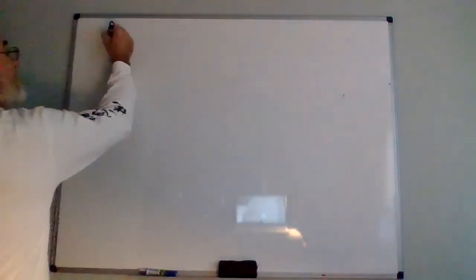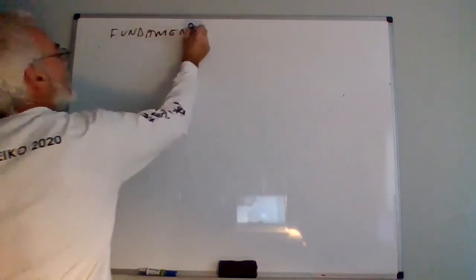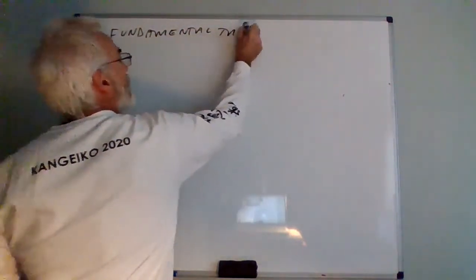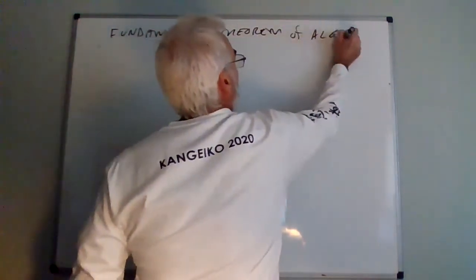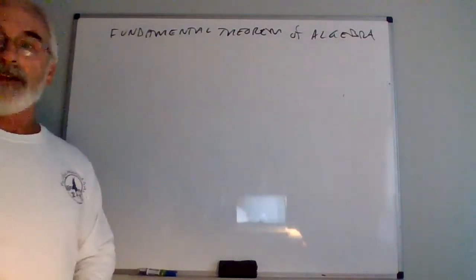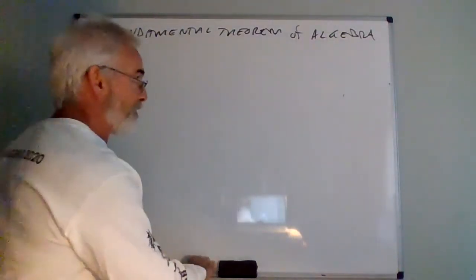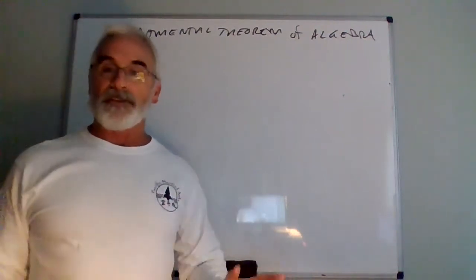So I'll state it. The fundamental theorem of algebra. Now there's so many pieces of this, and I'm sure you did many of them because you did a lot of them in your lower level math class. So let's start with the most basic situation.